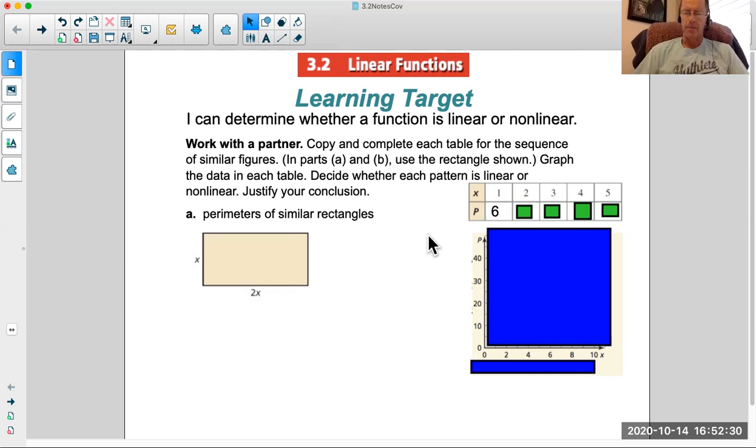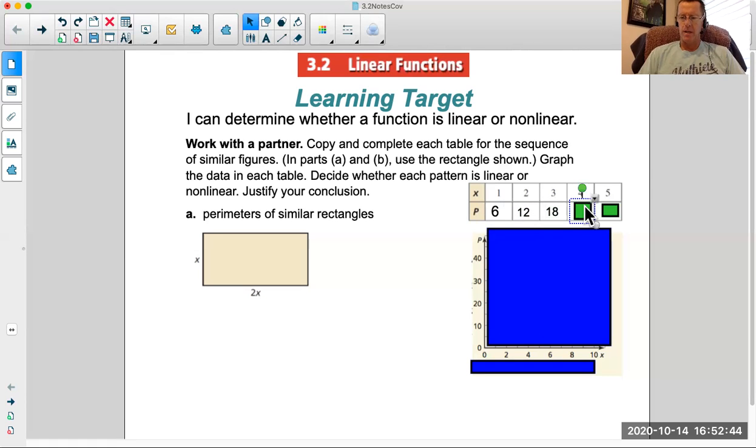Now try it if X was 2, and then 3, 4, and 5. Go ahead and pause and try that. Hopefully you got 12, 18, 24, and 30. Now we're going to graph this data.